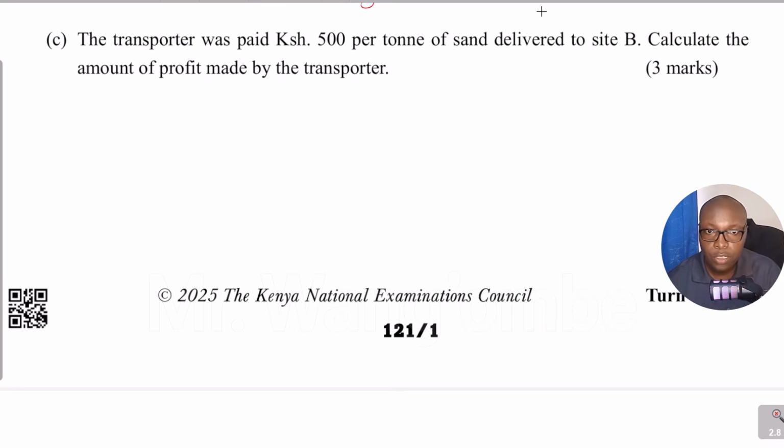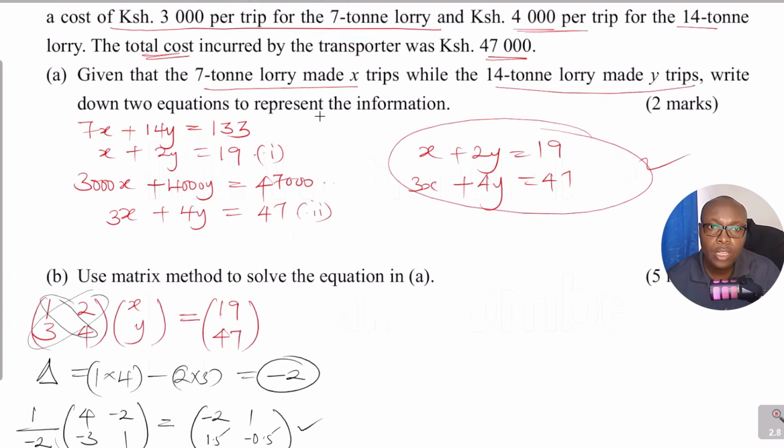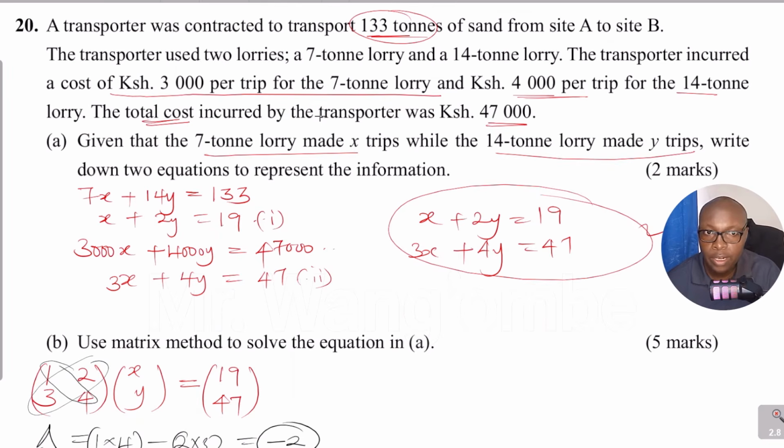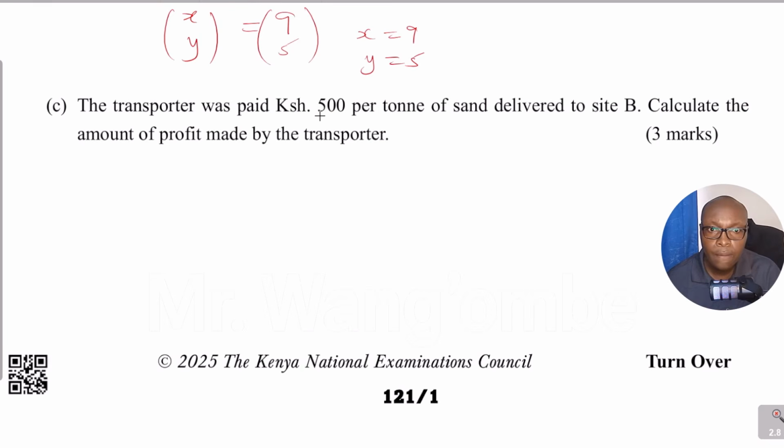There is a question. The transporter was paid 500 per ton. So whatever you need to do there, very easy question, because we already know the total number of tons that were delivered from the first statement. 133 tons were transported from site A to site B. And the cost per ton was 500 per ton.